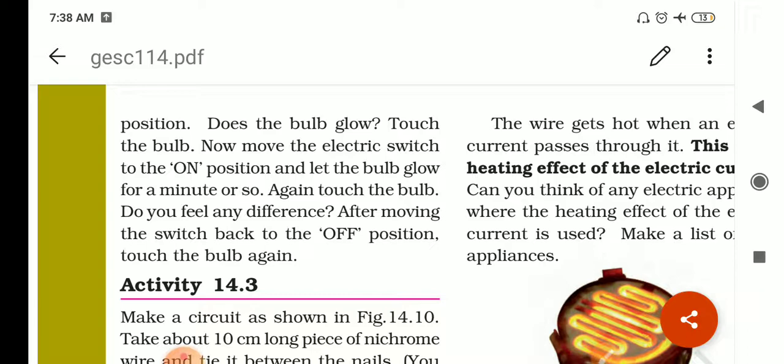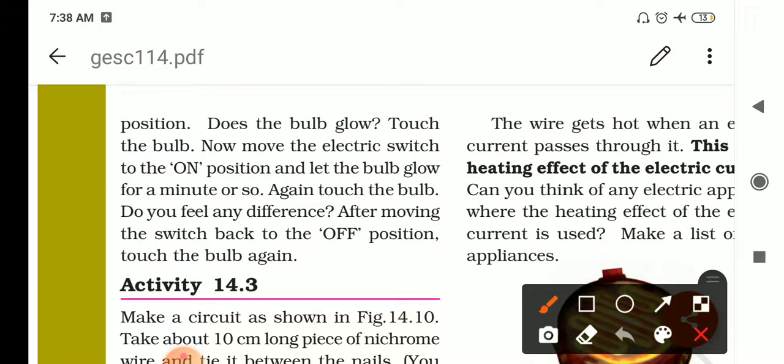Now when you turn it to the on position, what will happen? After some time the bulb will become hot, and when you touch the bulb it will be hot. Then it proves that when electricity flows through a circuit or through an apparatus, heat is generated. This is called the heating effect of electric current.